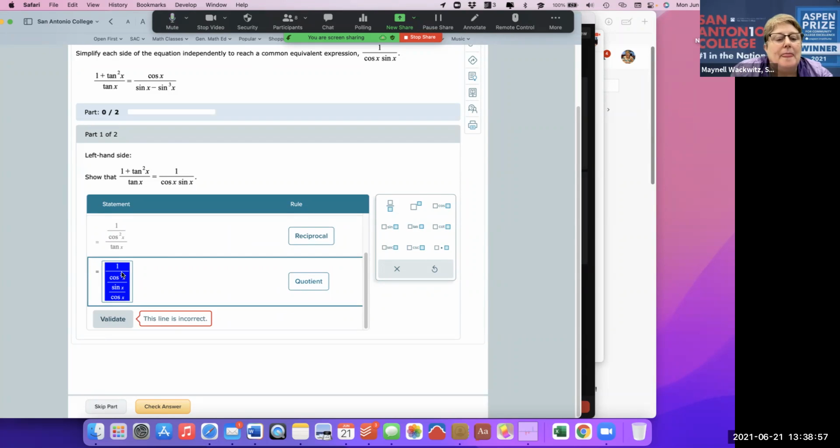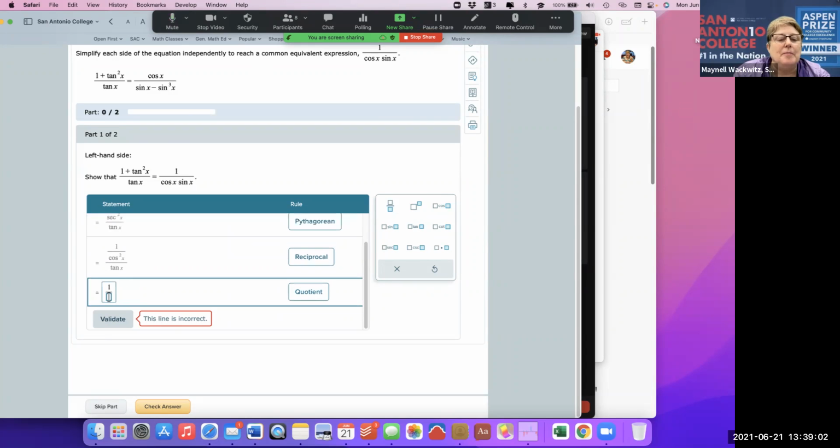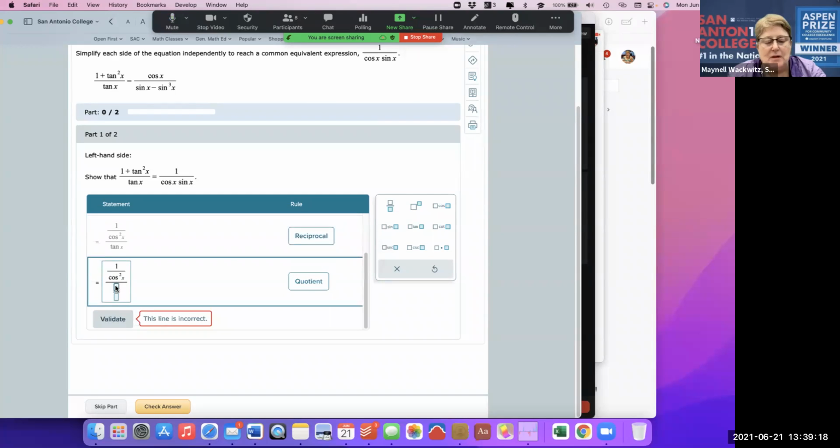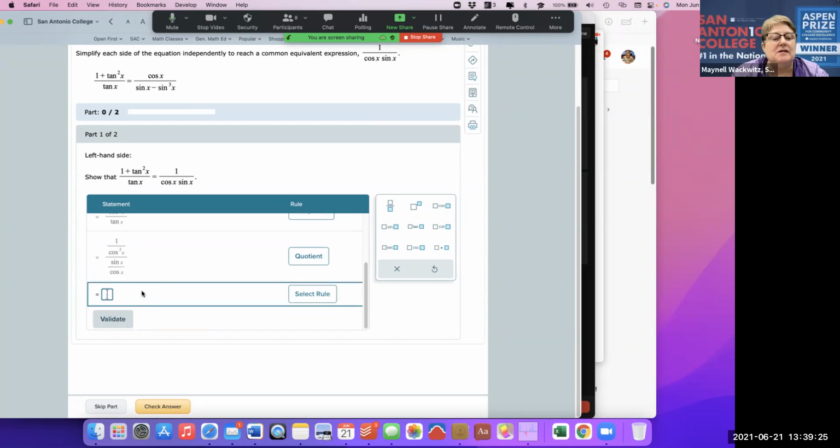If the primary fraction bar is in the wrong place, it'll say it's wrong. So I've got 1 over, and then in the numerator I want a fraction, and in the denominator I want a fraction: 1 over cosine squared x, sine x over cosine x, quotient. Now it likes it. It looks the same to me, but Connect Math is very, very particular.